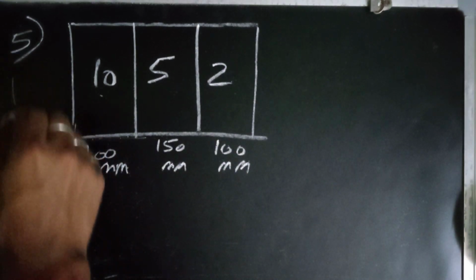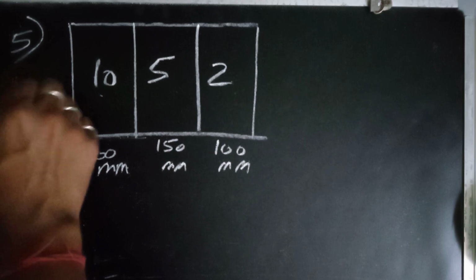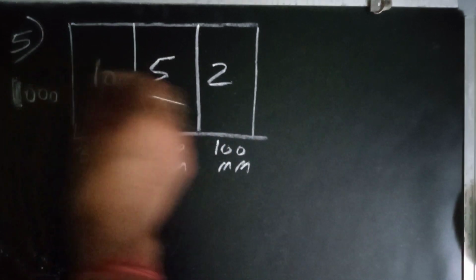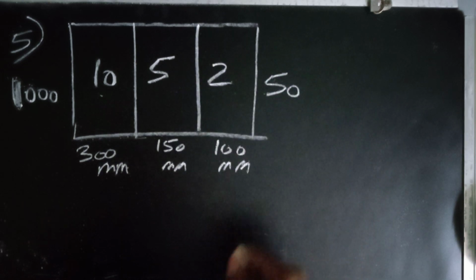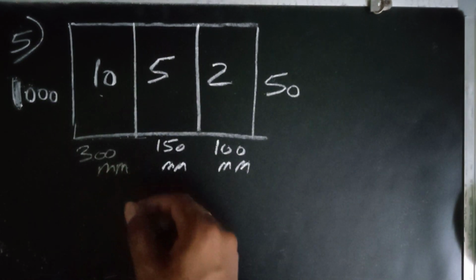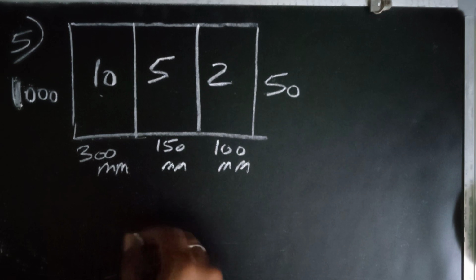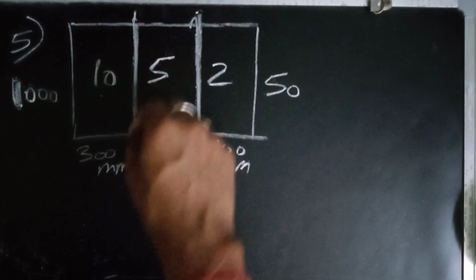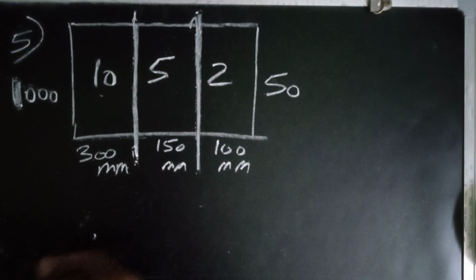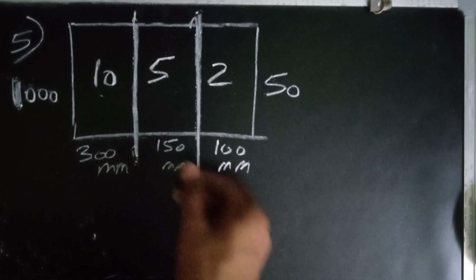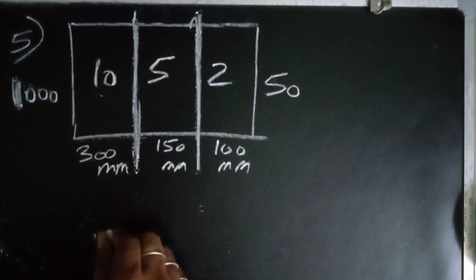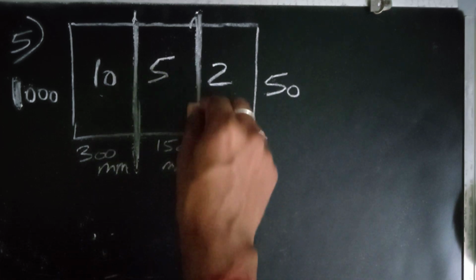The left side was at 1000 degrees Celsius, and the right side at 50 degrees Celsius. You need to find the interface temperatures, and the options were all very different. Find at least one interface temperature, then you can easily find the other.